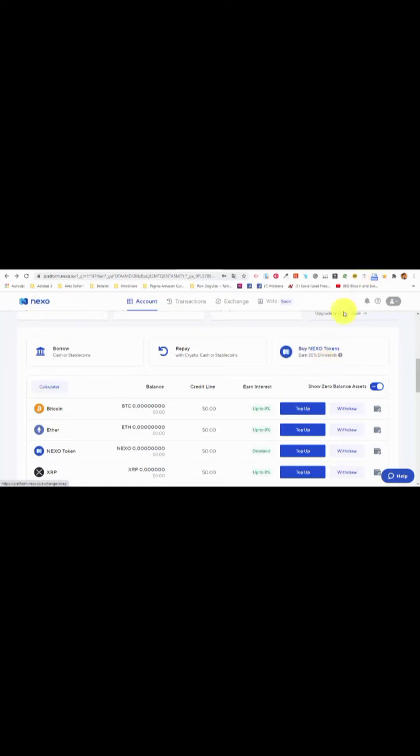You earn 30% dividends, according to how much Nexo you hold on the platform. 70% they reinvest in the platform, into developing it and earning even more. It's a pretty good deal, we think. So these are the two platforms that we recommend for lending. Obviously there are many others out there, but these are the two that we recommend.